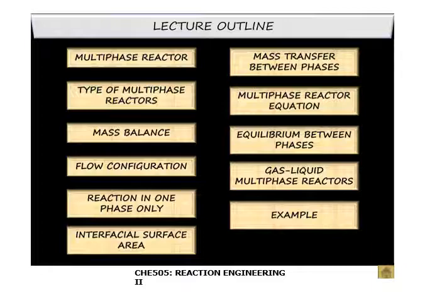We'll be looking at the flow configuration, and there will be some example reaction in one phase only, and you'll be introduced to what is interfacial surface area, and there will be calculation on the mass transfer between phases. What is the multiphase reactor equation, equilibrium between phases, gas liquid. We'll be looking at the reaction of gas liquid in multiphase reactors and also an example.